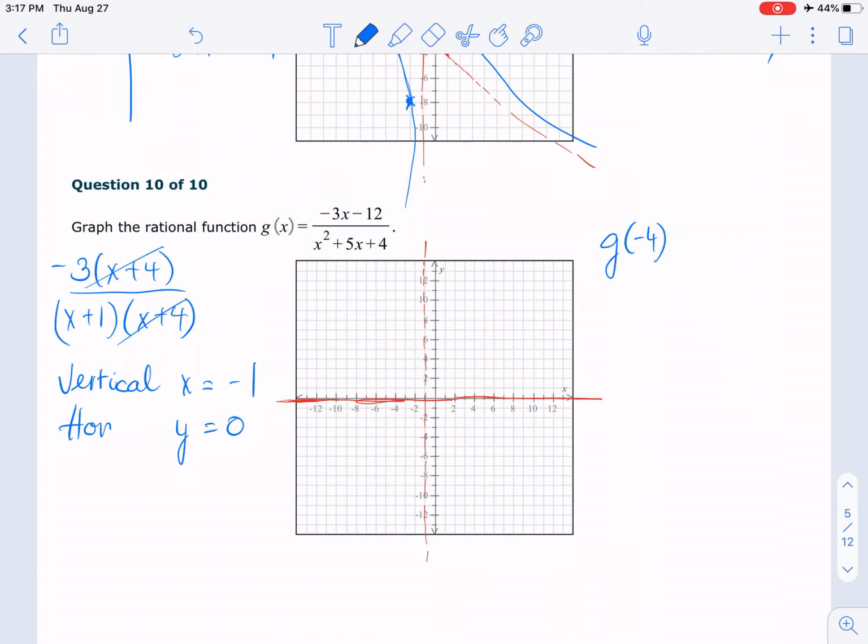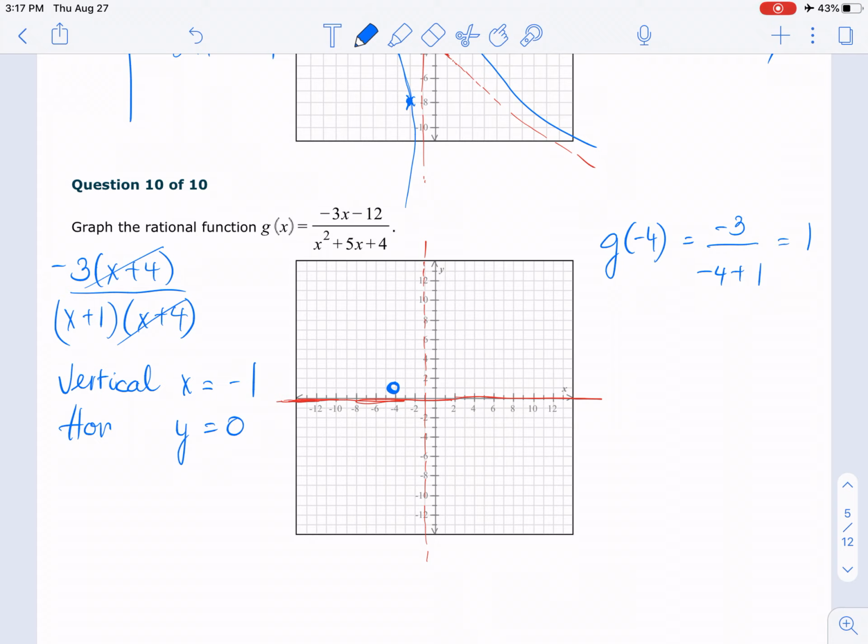We have to solve for it. Okay, so g of negative 4 is going to be 1. All right, so at that point, we're going to have a hole. So it's going to be right here. Negative 4, 1. So we have to keep it that way.